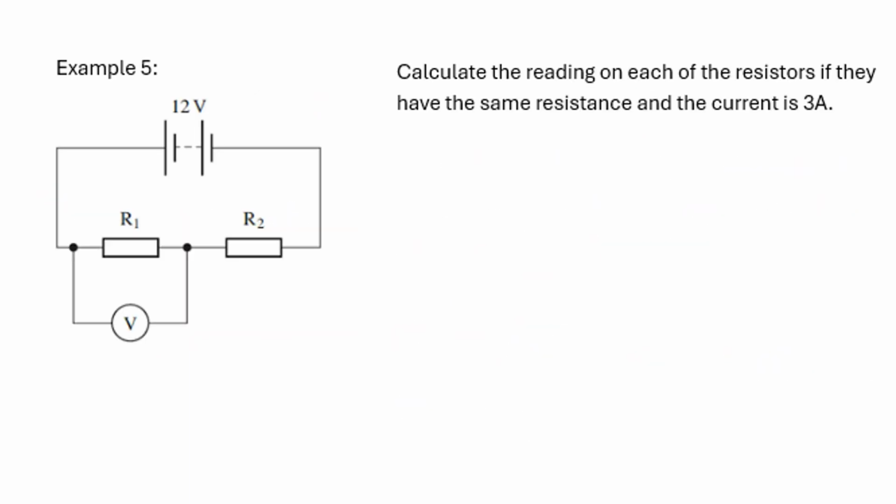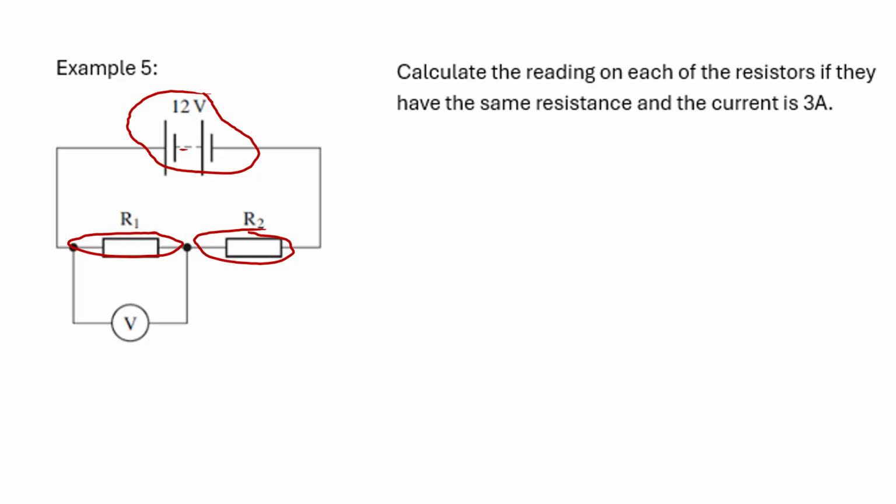So here's example 5, and again, it is a series circuit. We're just going to know that this one over here is in series with R2 over here. So R1 and R2 are in series. Remember, in the voltage, when we see this dash, dash, dash, it just means there's a whole bunch of cells, one after each other, and it comes to 12 volts.